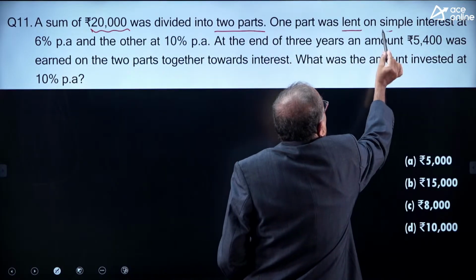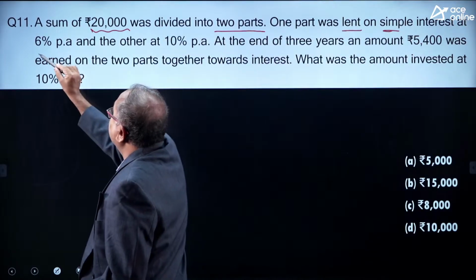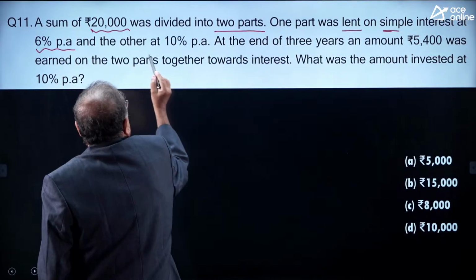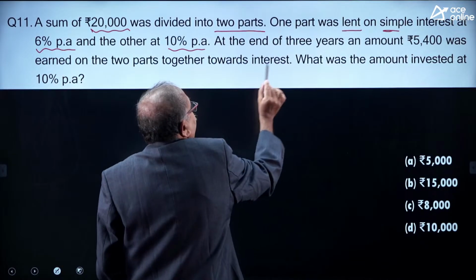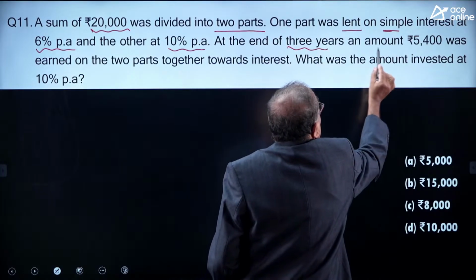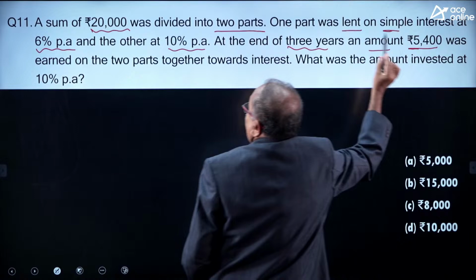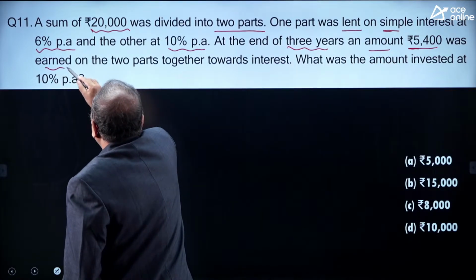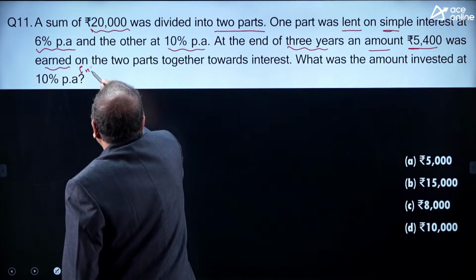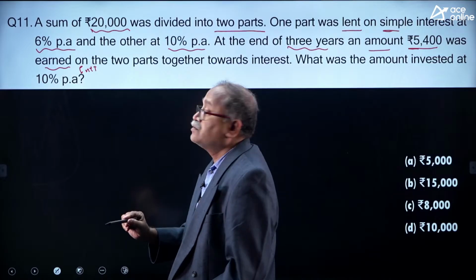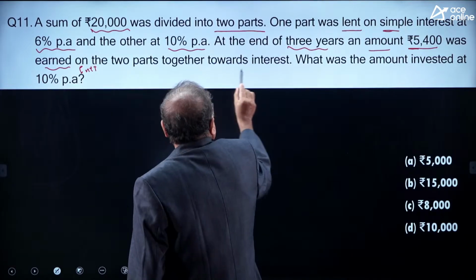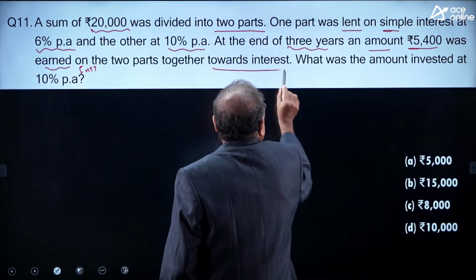One part was lent at simple interest at 6% per annum and the other part at 10% per annum. At the end of 3 years, the amount rupees 5,400 was earned. That means that 4,500 is the interest on two parts together.